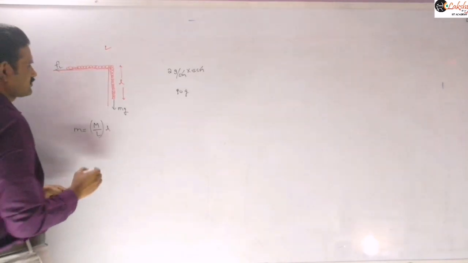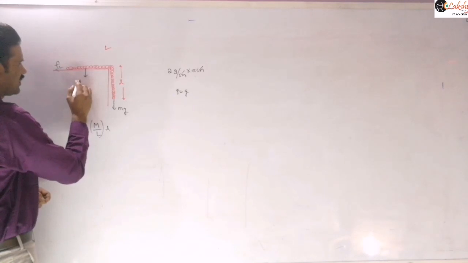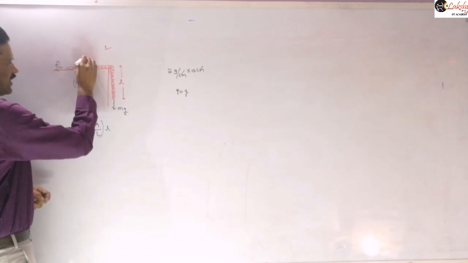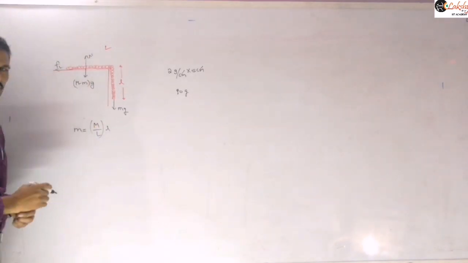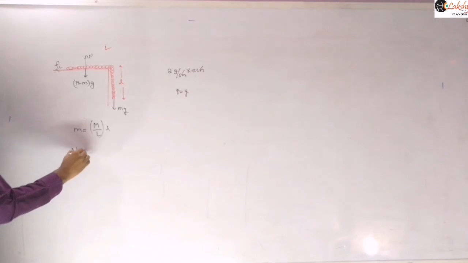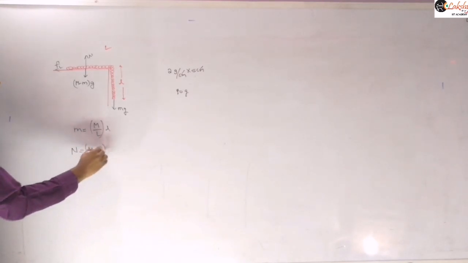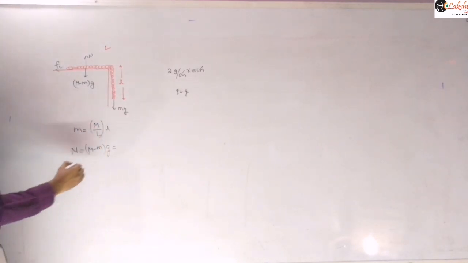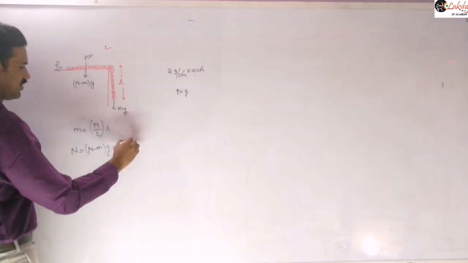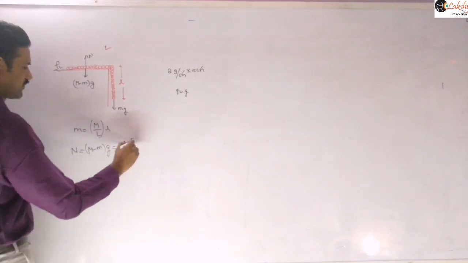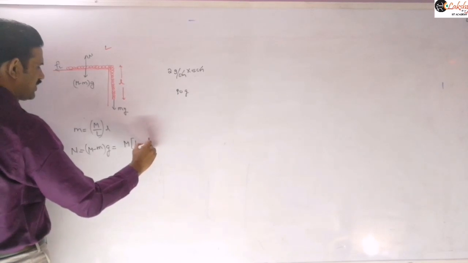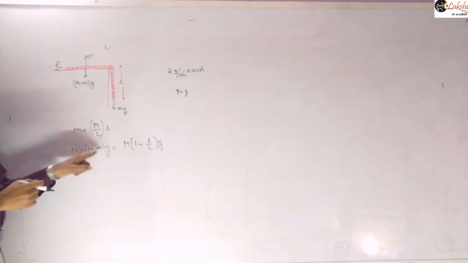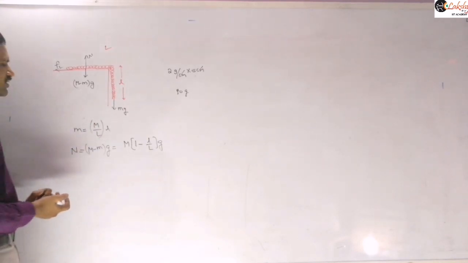The mass of this part will be M minus m, and the normal reaction for that part is (M minus m) into g, which you can write as M of (1 minus small l by capital L) into g. This small m value we are substituting, and capital M I am taking common.